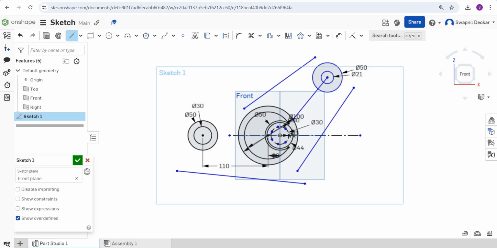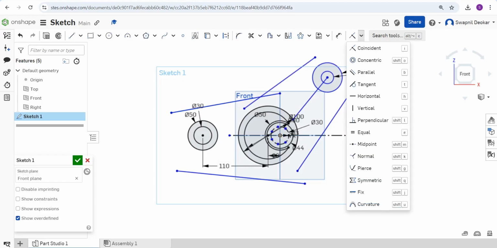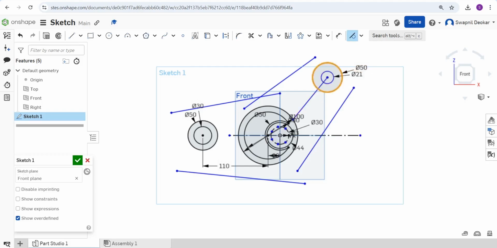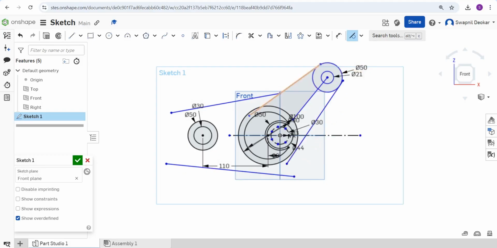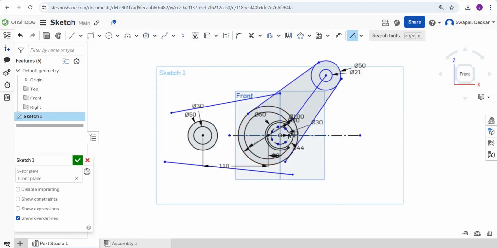Line like this. So let's make these lines tangent. So I will apply tangent, this edge to this edge, and likewise for each of the remaining edge pairs.